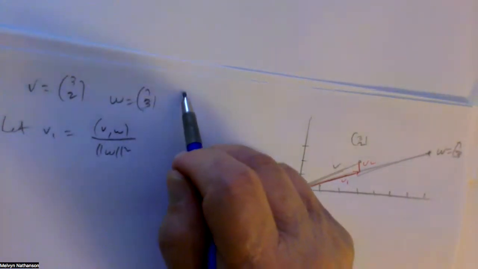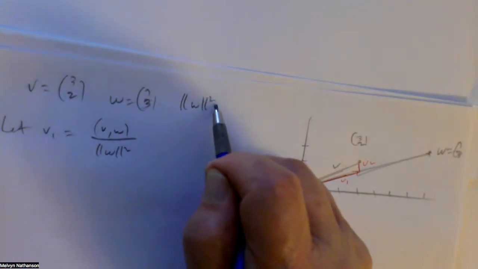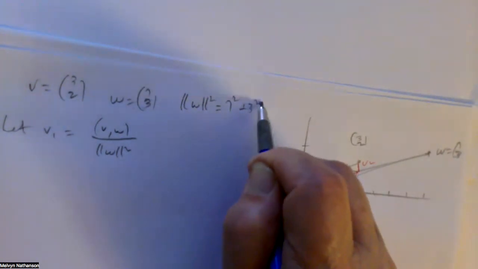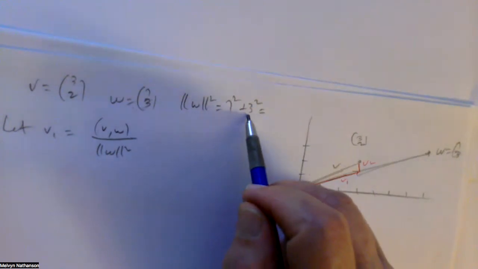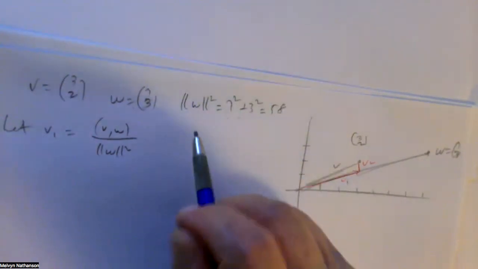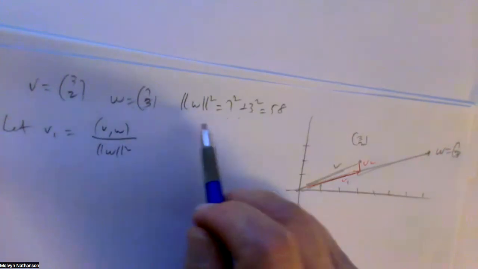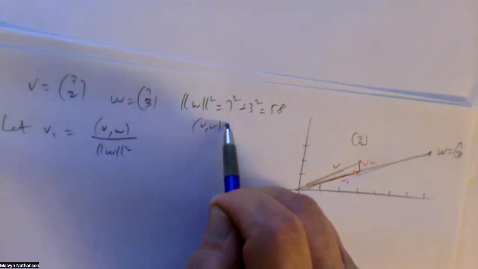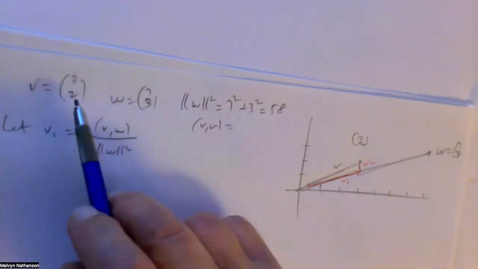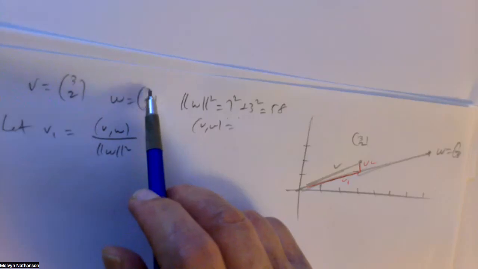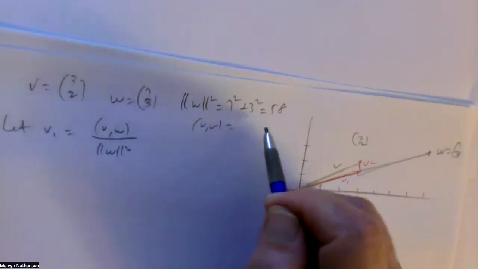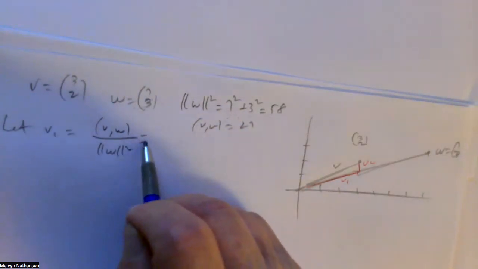If w is 7, 3, the length of w squared is 7 squared plus 3 squared, which is 49 plus 9, it's 58. The inner product of v and w is 3 times 7 plus 2 times 3, 21 plus 6 is 27.